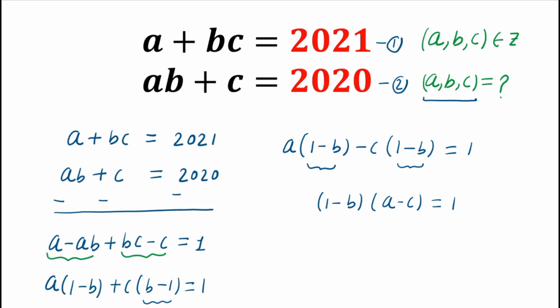Now we have 1 minus b times a minus c equals 1. Now we know that a, b, c all belong to integers, so 1 minus b and a minus c also belong to integers.